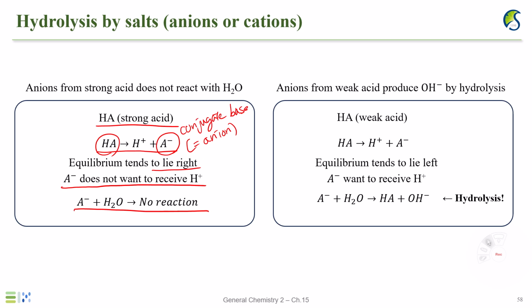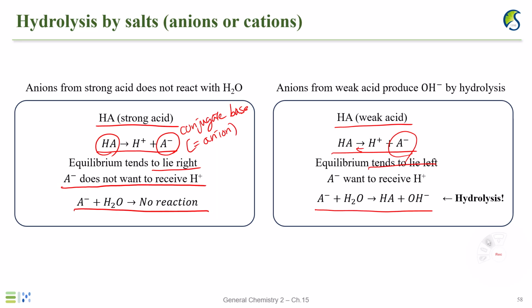But the situation is a little more different and complicated in the case of a weak acid. Let's suppose the HA is a weak acid. In this equation, the equilibrium tends to lie left, which means that this A minus, as a conjugate base, has some measurable strength as a base. So this reaction would happen.